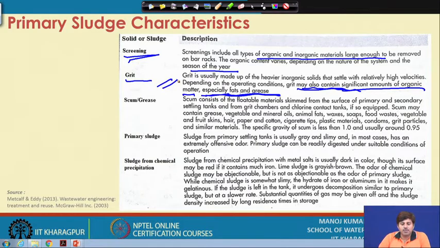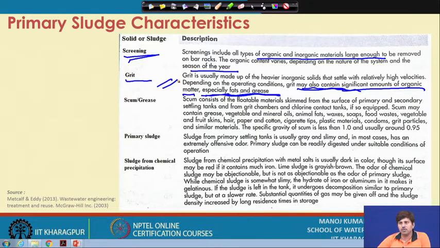Then we have scum removal or grease removal systems. In a preliminary treatment, when we are discussing, it is not that common for sewage treatment facilities, but for many industrial treatment plants it is.